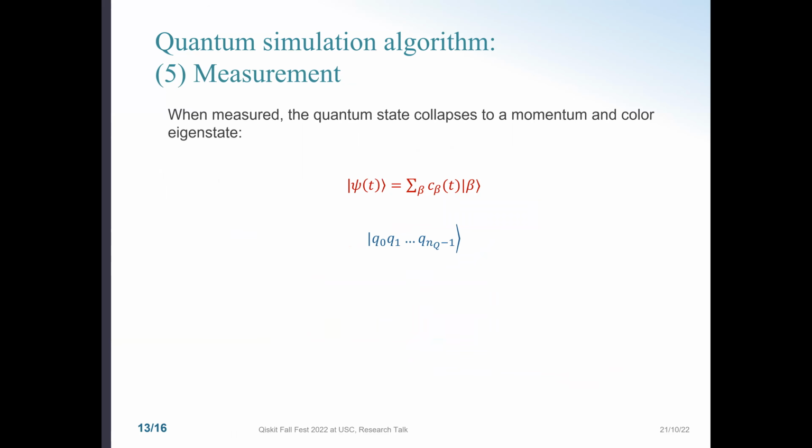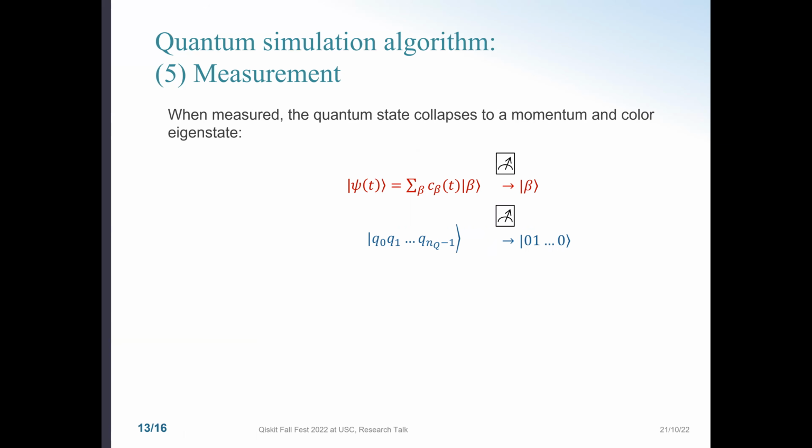And in the end, when you do the time evolution, you get the final state. Now we want to measure the final state. Beta just means different basis states; it's a superposition of different basis states, here meaning different momentum modes. When you do a measurement, the state will collapse to one of the eigenstates, right?